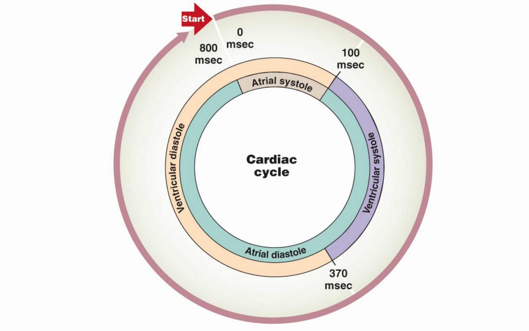Systole, if you don't know, means contraction, and diastole means relaxation. So there's an atrial systole at the start of the cardiac cycle, followed by atrial diastole, and then after about 100 milliseconds there's a ventricular systole or contraction, followed by ventricular diastole or relaxation.